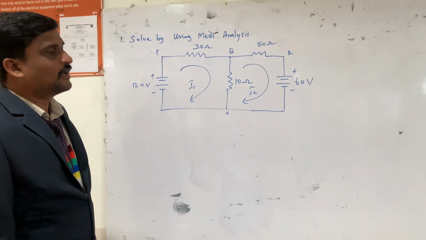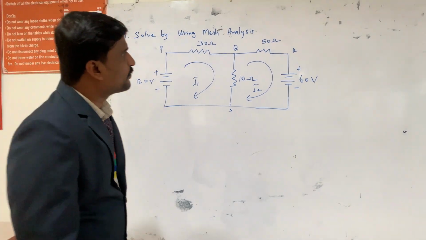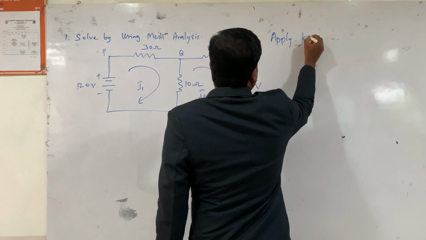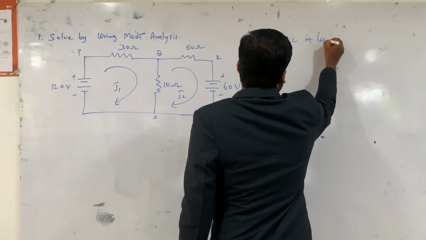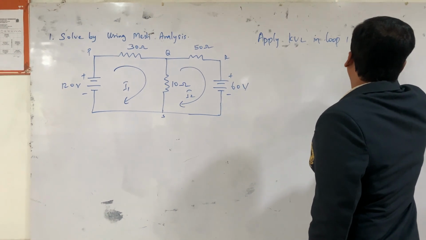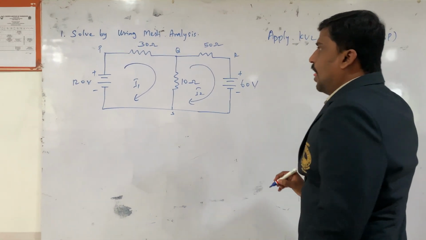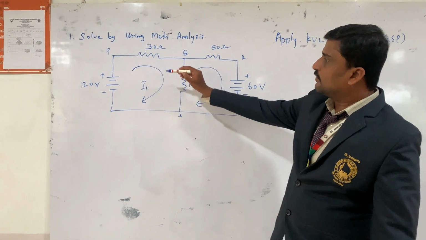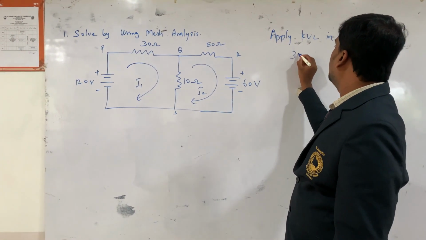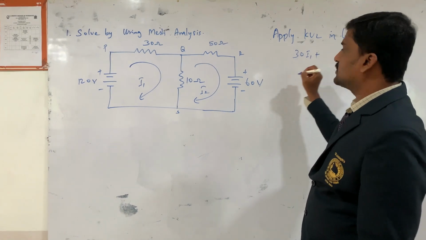First we will take KVL in loop 1. Here the I1 current flows through the 30 ohm resistor, so it is 30 into I1 plus.